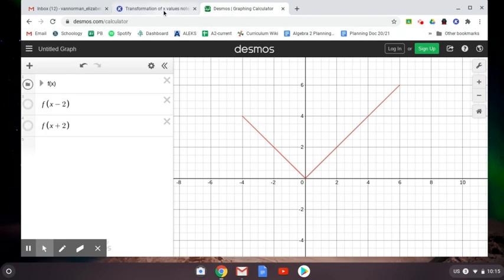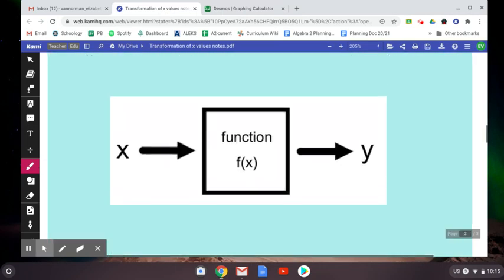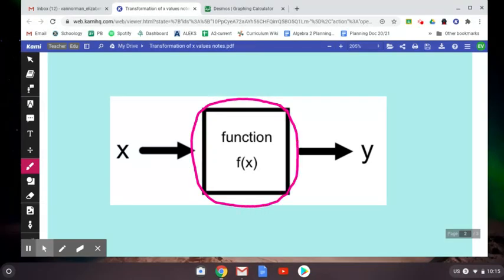And here's why. You remember that a function looks like this, where I have a series of inputs and outputs. X is my input, Y is my output. Right now, when we're dealing with functions, we are in function world, applying our function and graphing that. If I were to change my y values, I would be going in the same direction as my function. I'm going in order of my function.